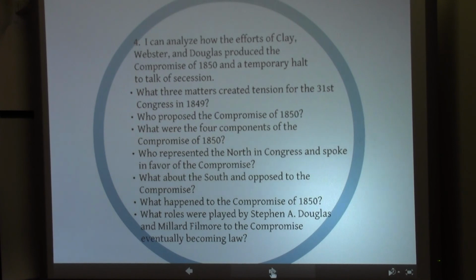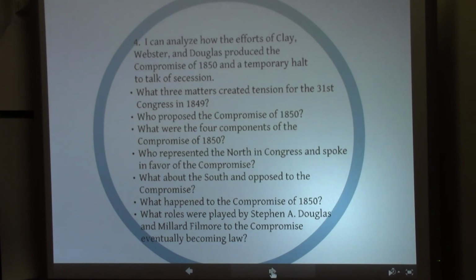Stephen A. Douglas then took action, and he was able to actually get the compromise through Congress by submitting each part of the plan as a separate bill. And the unexpected death of President Taylor aided Douglas's efforts because Millard Fillmore became the new president and he supported the compromise. So it finally did become law.